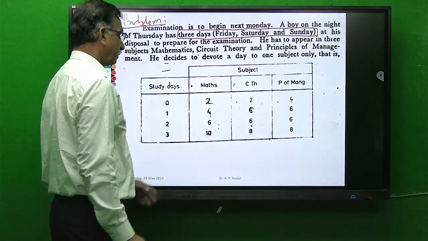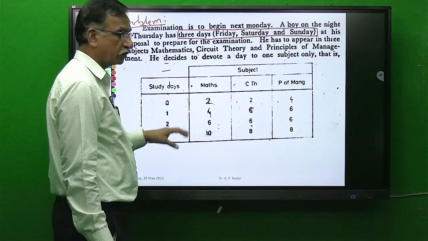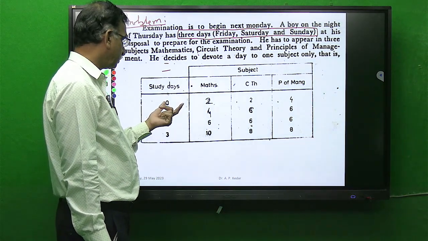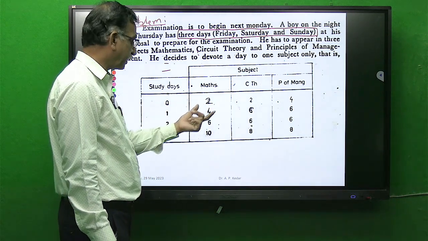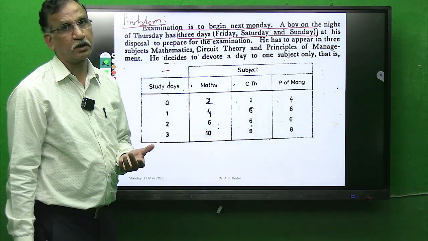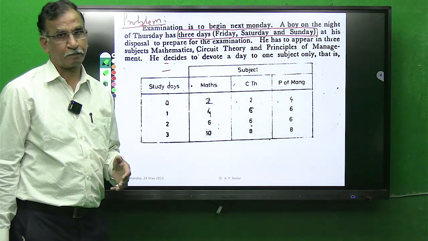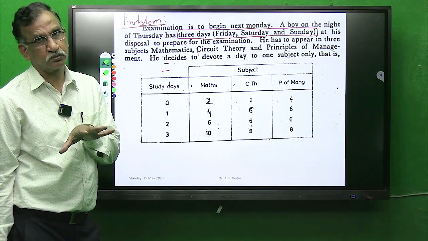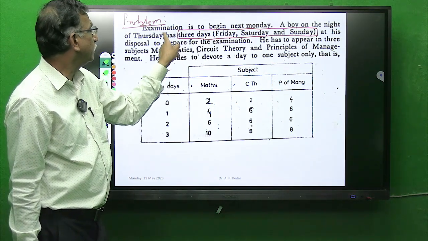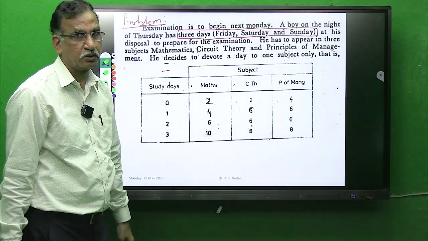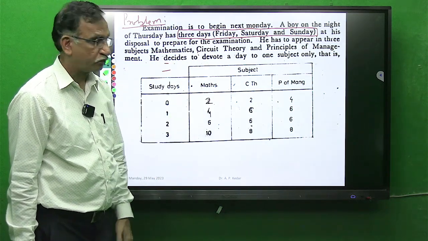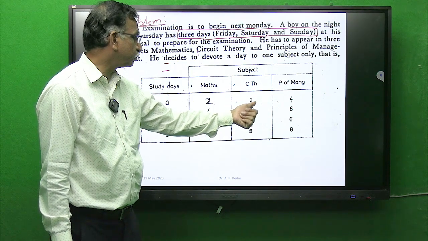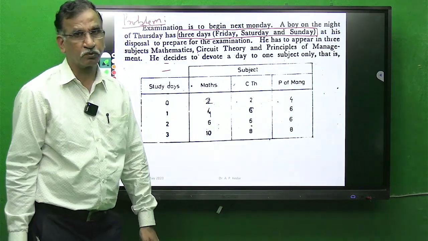And if you devote no day, meaning 0 days, for maths, his grade point achievement, without whatever knowledge he has right now on Thursday night, will be 2, for circuit theory 2, for principles of management 4, like that.